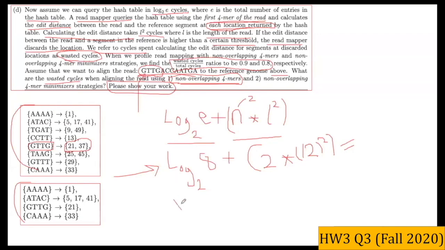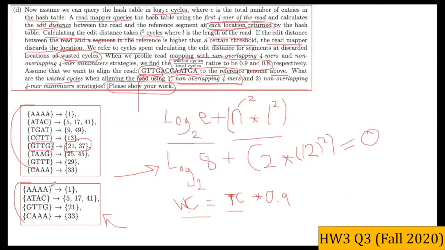So the wasted cycle, W, is equal to the total cycle times, for the first method, 0.9 times 0.9. Now we already calculated the TC here, which is the number given by this equation, so it's easy to calculate the wasted cycle. Now we do the same thing with the second method.